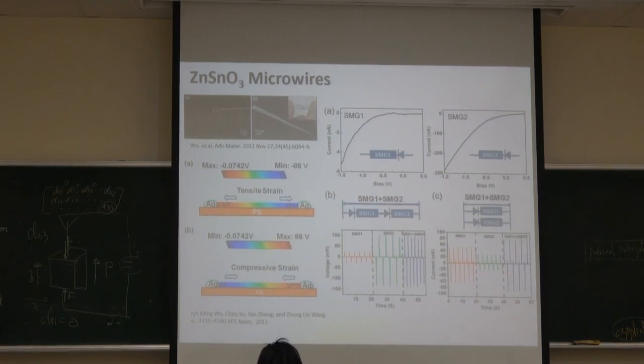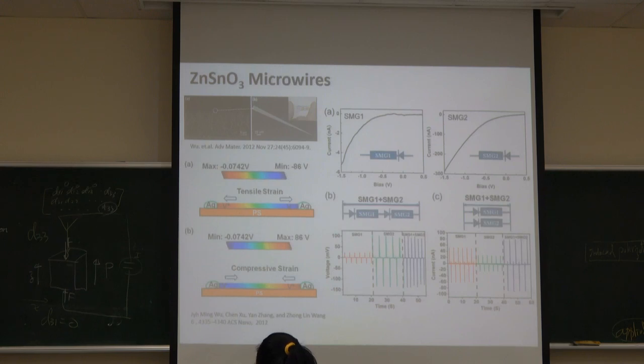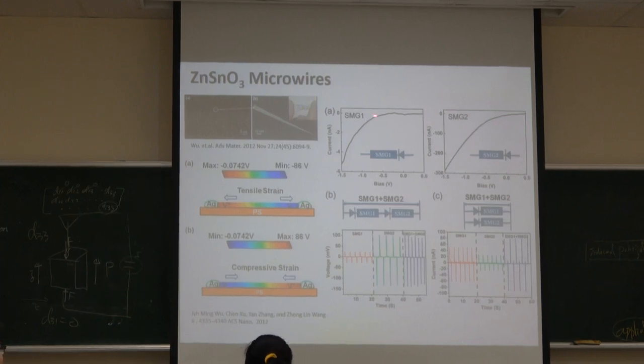Some devices exhibit only single-side Schottky contact, something like that. That means the other side is not Schottky; it could be ohmic. So only one side is Schottky behavior for SMG2.